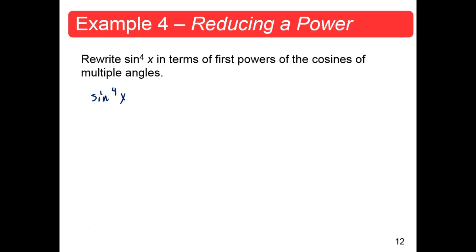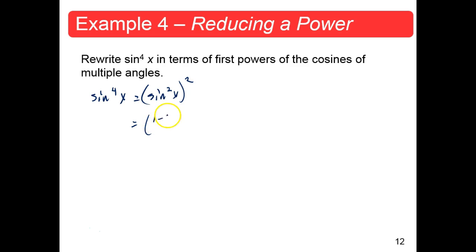So how are you going to do that? Okay, pretty close. You rewrite this as sine squared x, squared. Isn't that sine fourth x? Yes. And we know what sine squared x is, don't we? We just did it. Look at the top of the page.